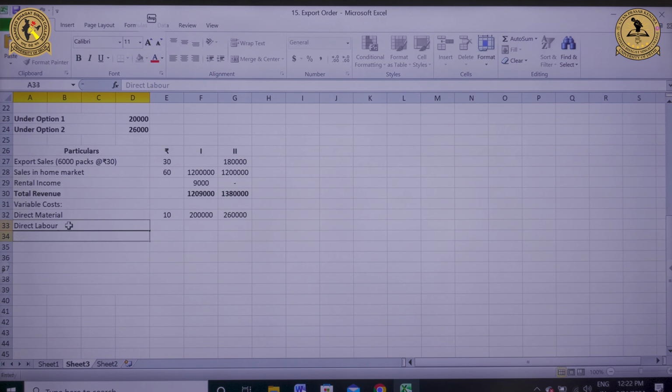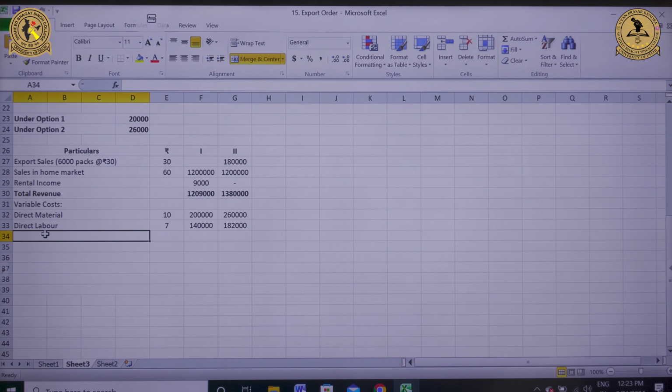Now the next component is direct labor, and it is rupees 7 per pack. So again equals to E33 multiplied by 20,000, press enter. Again equals to rupees 7, E33, multiplied by 26,000. Alternatively, I can also fix this E33 cell, that is rupees 7 per unit, and press enter. It comes out to be 1,40,000 and 1,82,000.